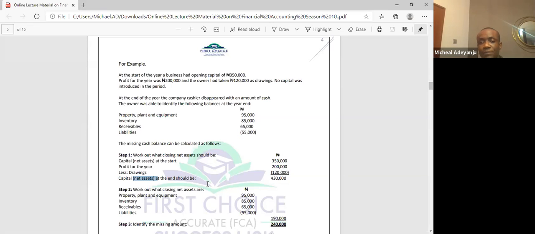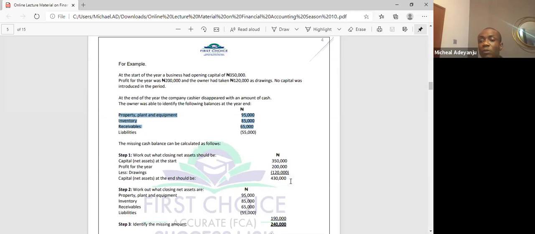Then what can we do again? Then what makes up your net asset? Like I said, what makes up your net asset is your assets less your liability. See, we have been given your assets. These are your assets, minus your liability. Once you minus this 55,000, basically it's supposed to be your net asset, which is supposed to give you 430,000 naira.